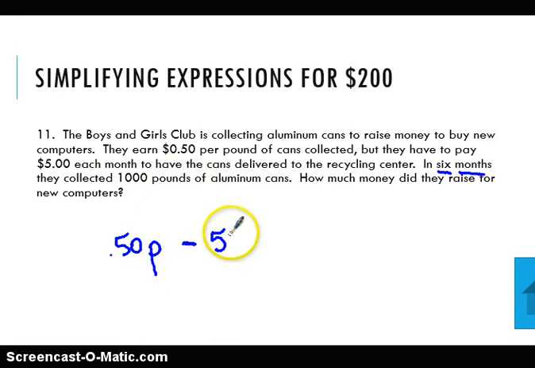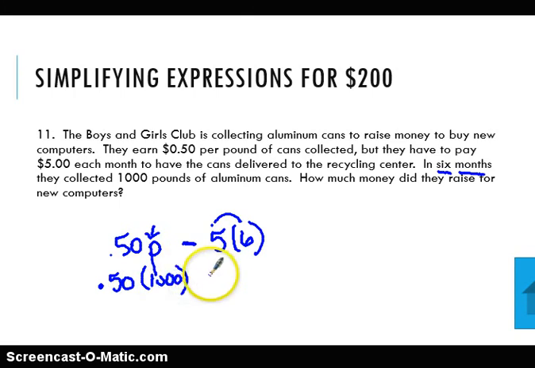So we need to put the 6 months in right here because this was per month, 5 each month. So that means that needs to be multiplied there. We also need to take out our variable and replace it with 1,000 because we know that we've collected 1,000 pounds of cans.